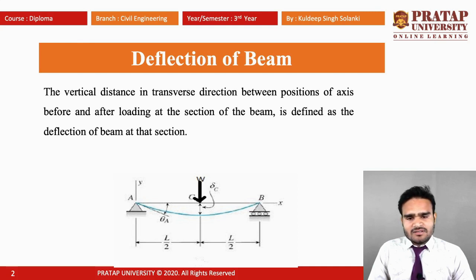It means the beam axis is horizontal, also called the undeformed axis, and after we apply the loading, the neutral axis of the beam will deflect in this manner. So the vertical distance is called the deflection of the beam. In this case del C is the deflection at C.